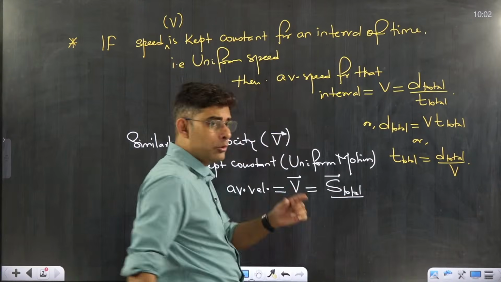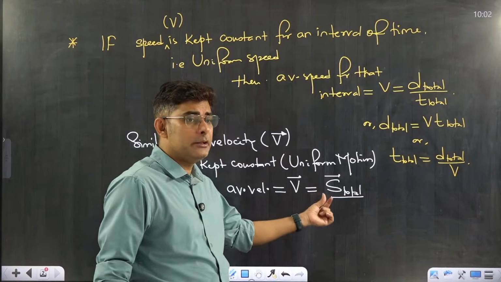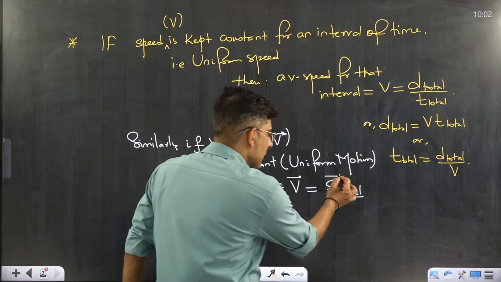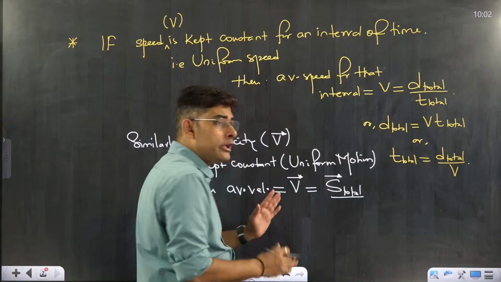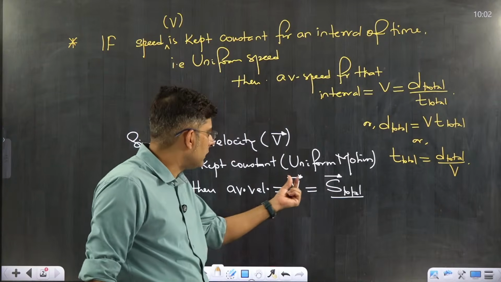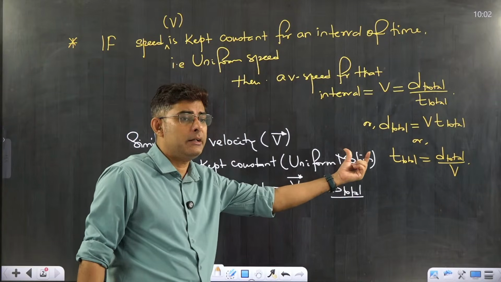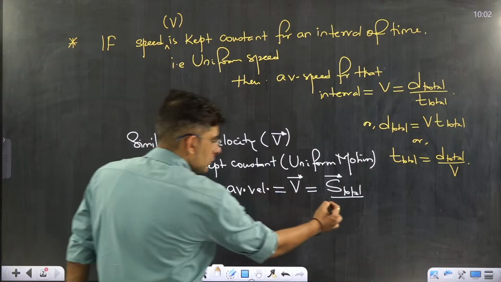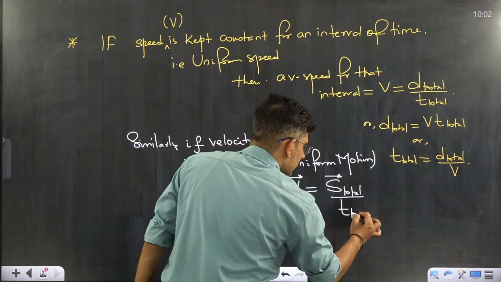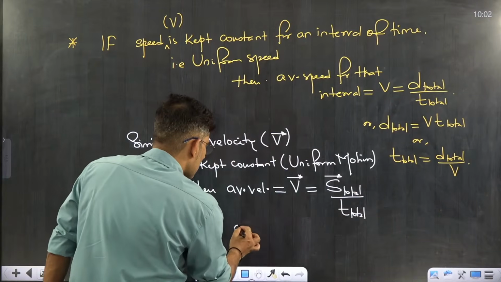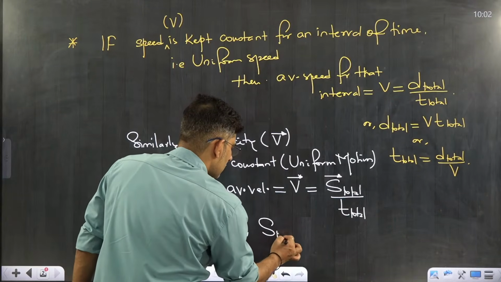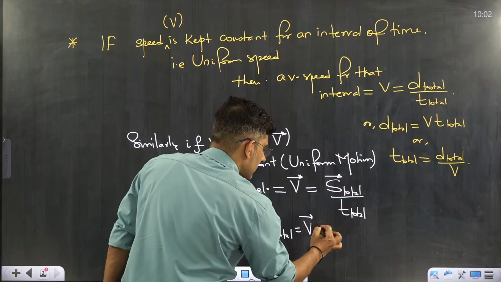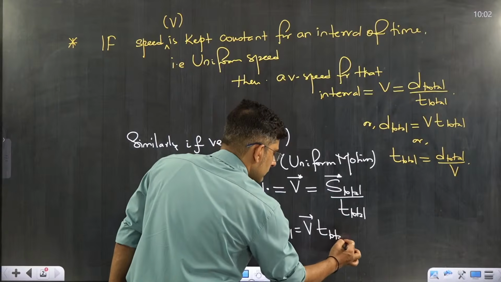Average velocity, as we had studied, is total displacement by total time. Suppose S denotes displacement and D denotes distance. I am using an arrow just to indicate that we are talking of a vector quantity. So total displacement will be the velocity multiplied by total time.